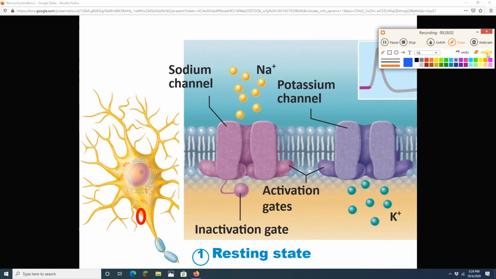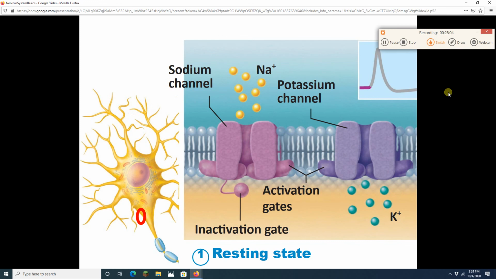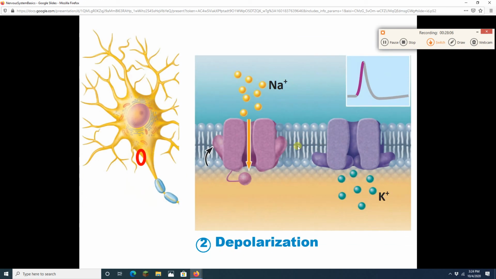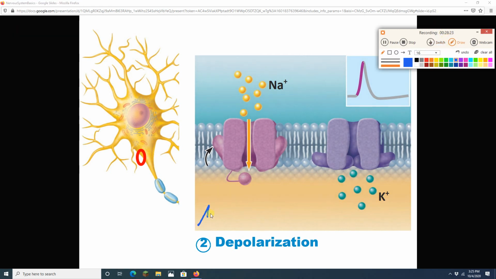All right, what does that do? When that sodium channel opens, sodium rushes in. So right at this spot right here, sodium rushes in. Great. What is that going to do to my membrane potential? It's going to make my membrane potential more positive.